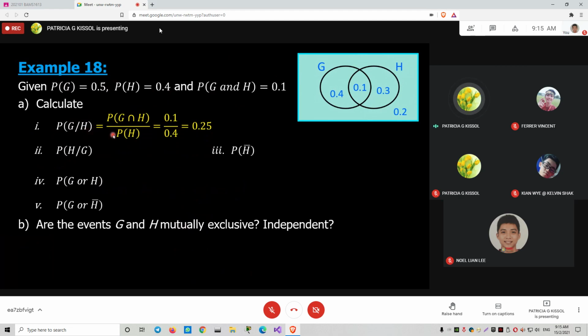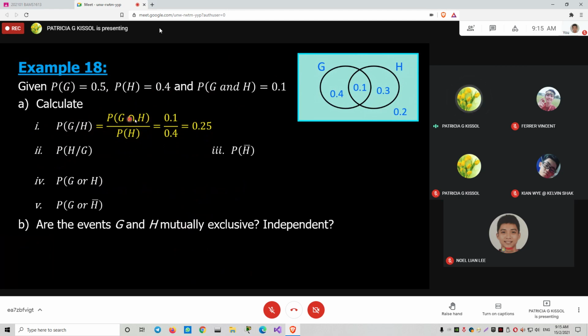That should be your guideline to derive what I call conditional probability. That's the term used to define this particular question.